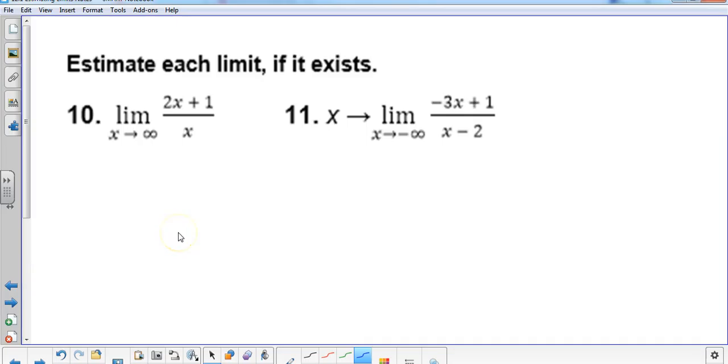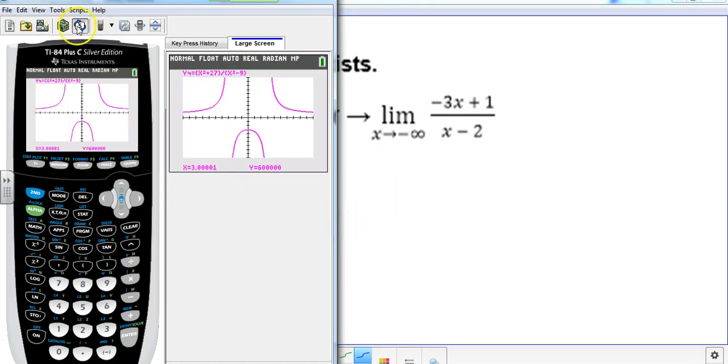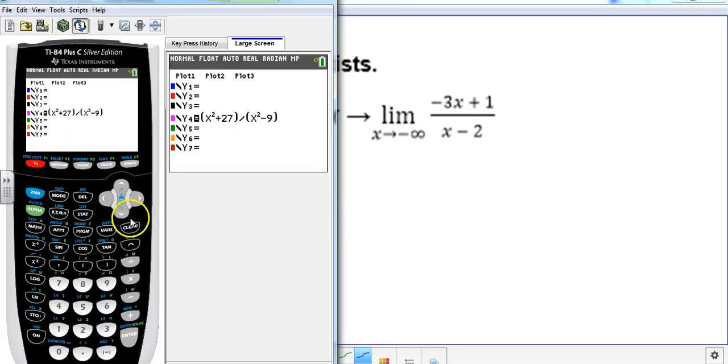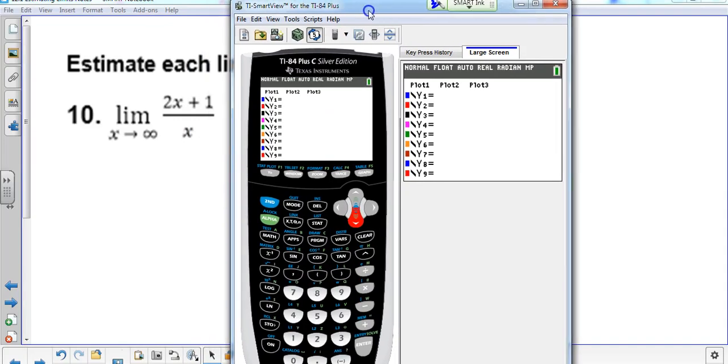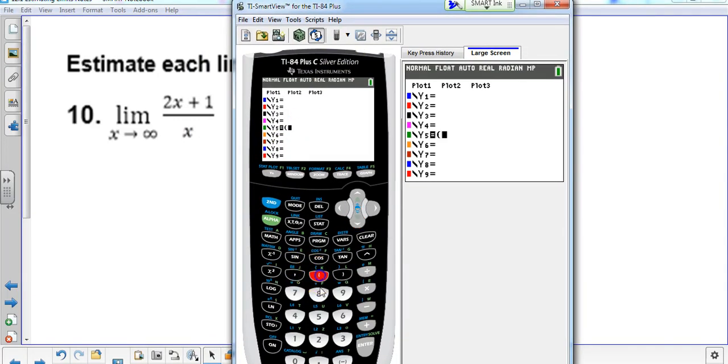All right, I just want to do these two real quick. Type this one in: 2x plus 1 in parentheses divided by x.